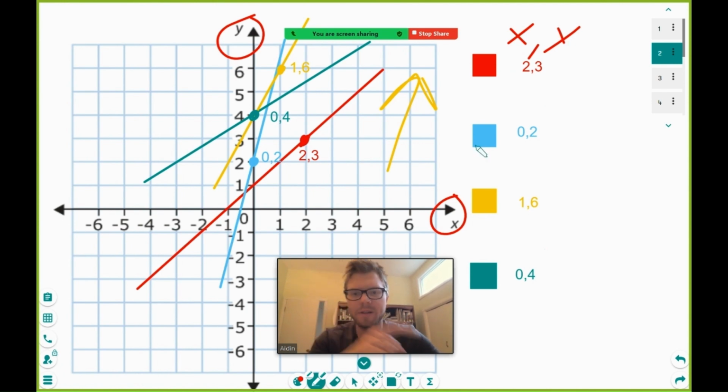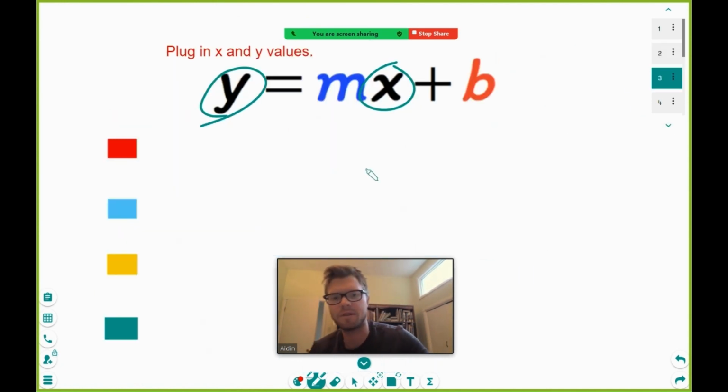What we're saying is when x is 2, y is equal to 3. So I'm going to put 2 here and then 3 here. This is very useful because maybe you don't have y and you want to find y. You can find y if you have x and these other things here, that m and that b.